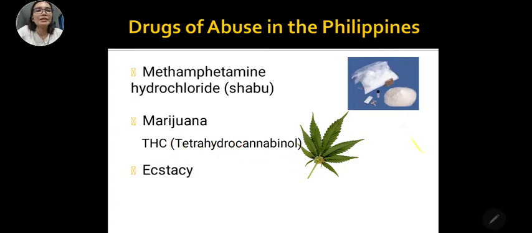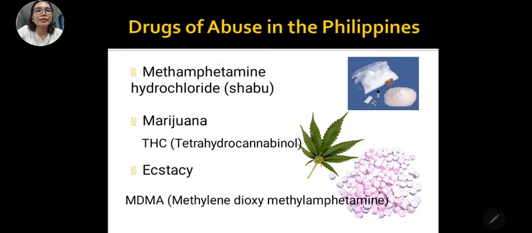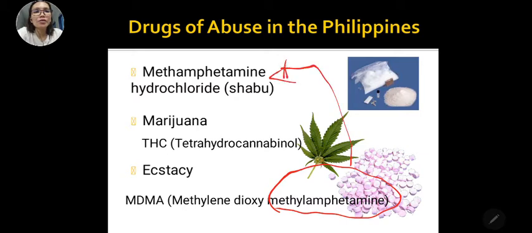Next is ecstasy. The chemical name for ecstasy is MDMA, methylenedioxymethamphetamine. So, these are amphetamine type stimulants. If you will look closer, methamphetamine, meron siya sa pangalan niya. So, coming from methamphetamine also.